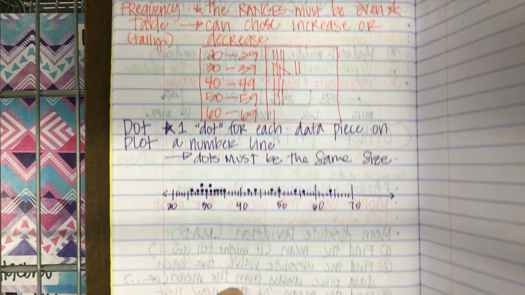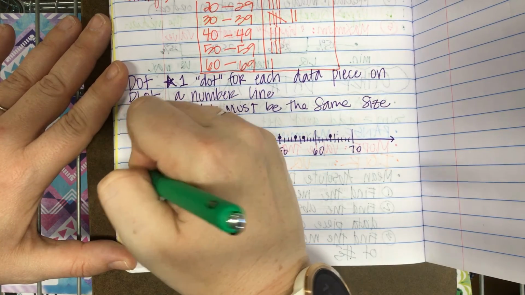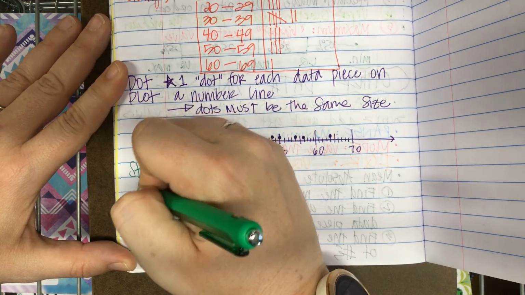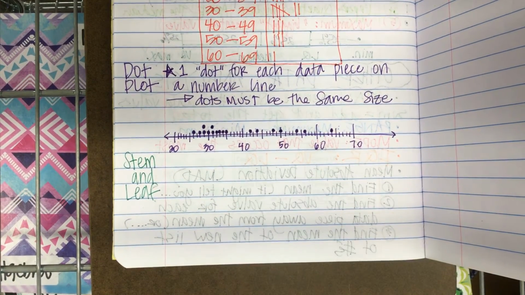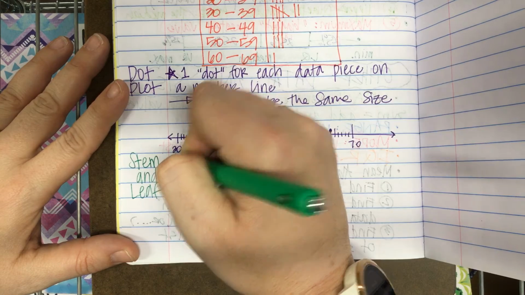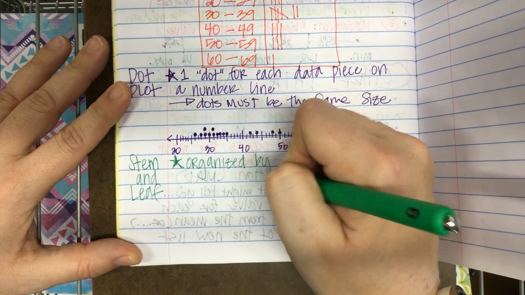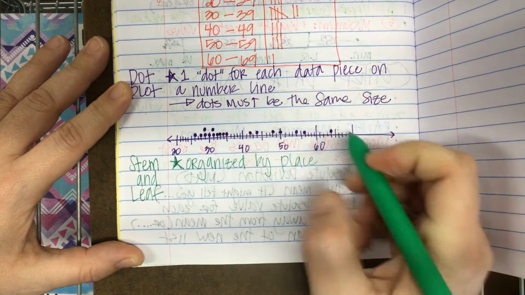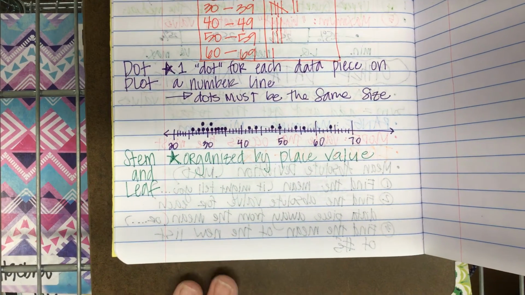And then a combination of both of them, which I make a lot of for my own data analysis, is a stem and leaf. A stem and leaf is organized by place value.